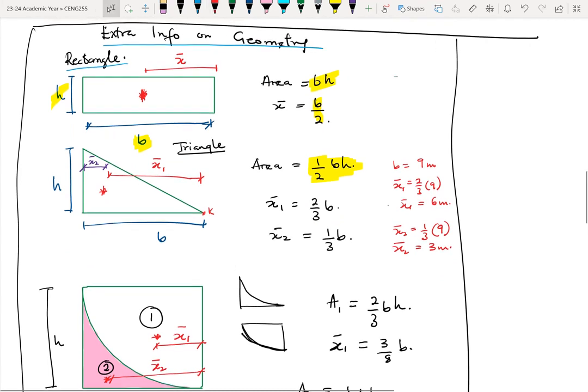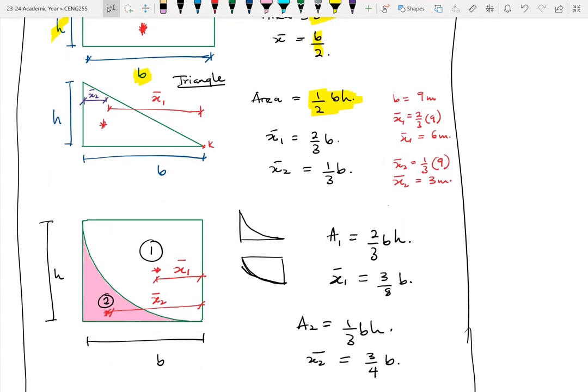Then, these are usually for cases where the moments are either rectangular or triangular. We can also have cases where moments are parabolic. They can be either in a concave shape or in a convex shape, depending on how the structure looks.